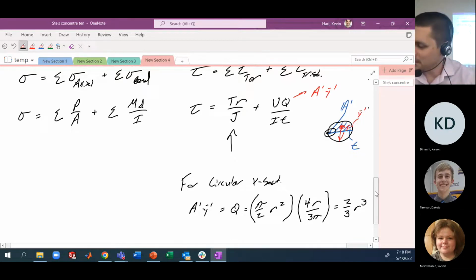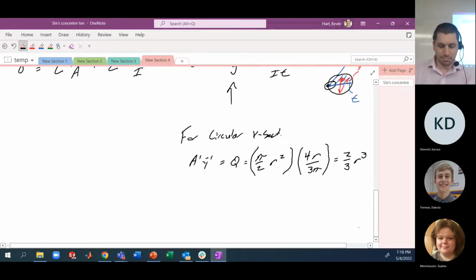So the general strategy when it comes to combined loading is typically you'll see loads, moments, torques, whatever, applied at various locations on the bar.